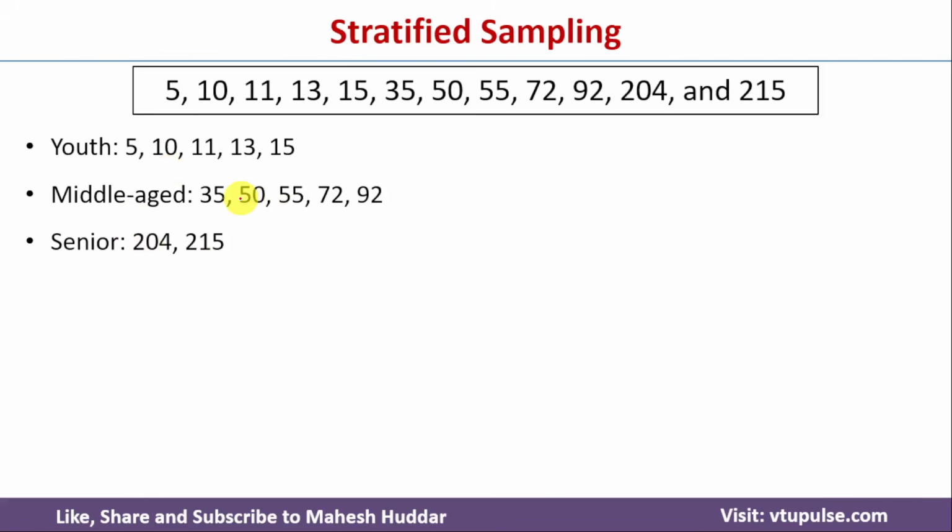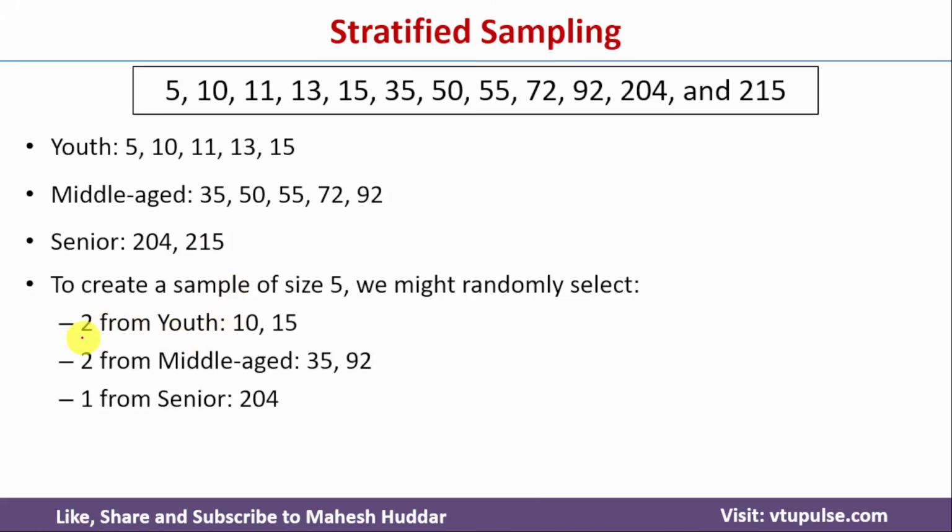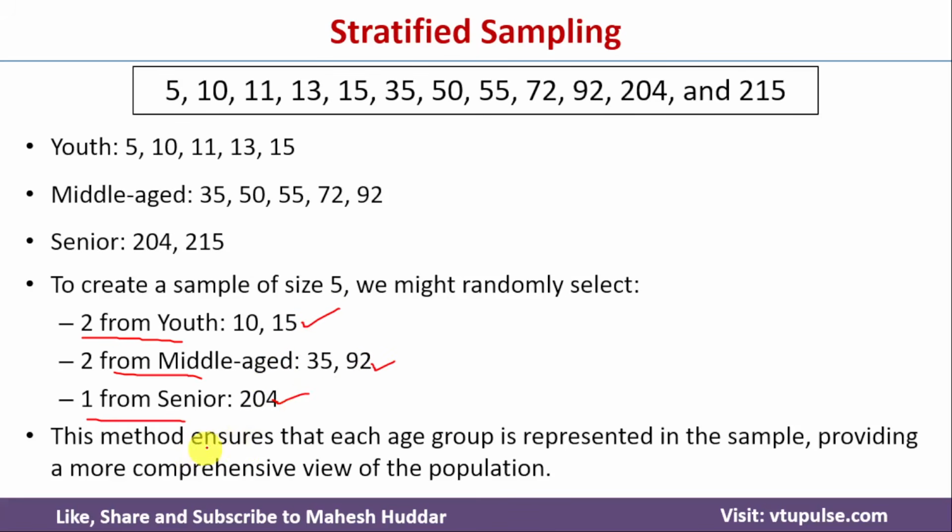From these groups we need to select the prices to meet the size of 5 samples, and we can select a random number of prices from any group. What I have done is select 2 from youth, 2 from middle-aged and 1 from senior, so I get a sample size of 5. This method ensures that each age group is represented in the sample, providing a more comprehensive view of the population.